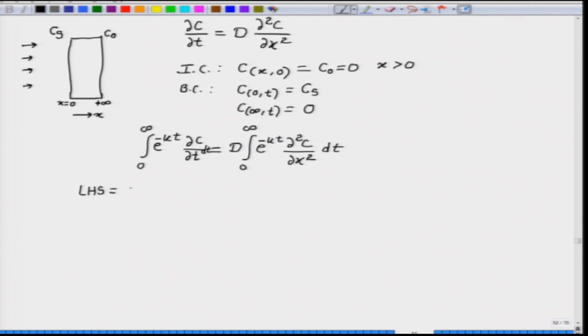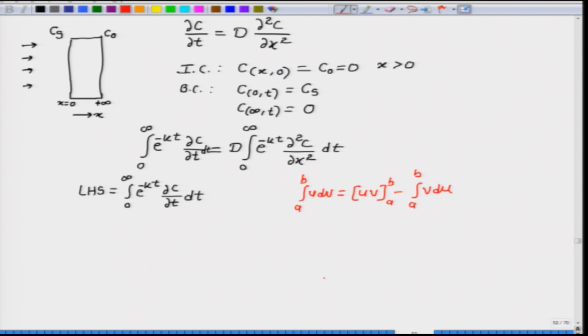LHS is equal to integral 0 to infinity e to power minus k t dou c by dou t dt. We can solve this integral by integration by parts, and we know the formula: integral a to b u dv equal to u v from a to b minus integral a to b v du.